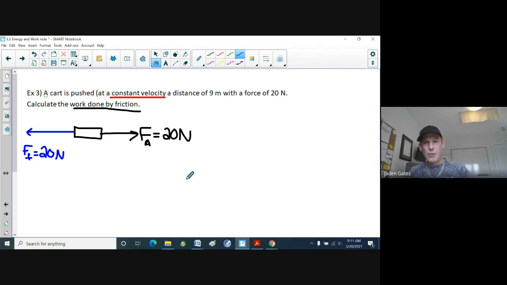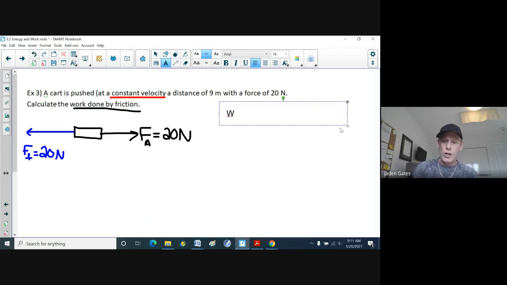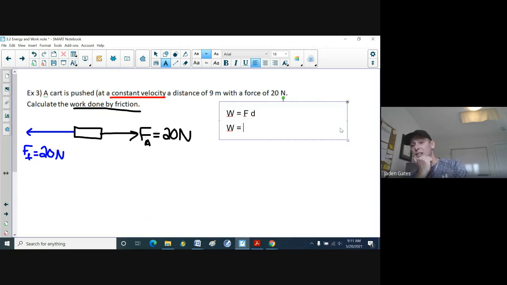Now, here's the thing with your work this time out. It's going to be a little bit different. We're going to use the same formula here. The work is equal to force times distance. Now, here's, again, the distance this object's moving is to the right, but our friction is to the left. And so when I put this force in, I'm going to put a minus 20 in because it's going in the opposite direction.